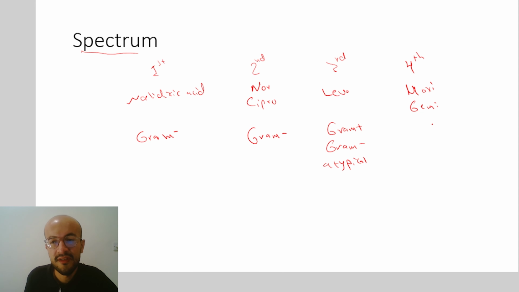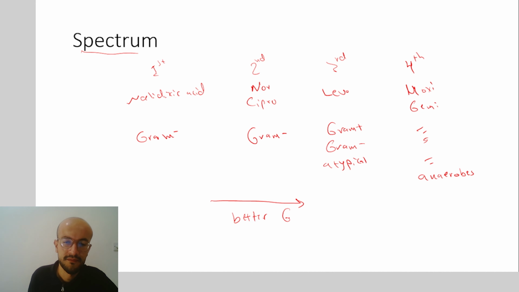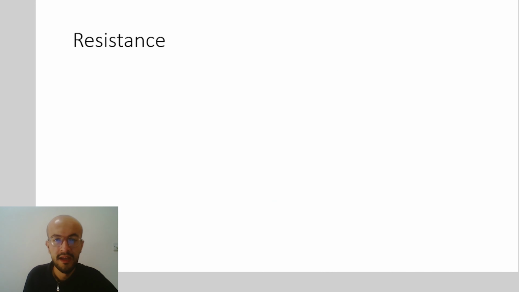The fourth generation covers gram positives, gram negatives, atypical microorganisms, and anaerobes. The more you move to the right, the better the gram positive coverage.